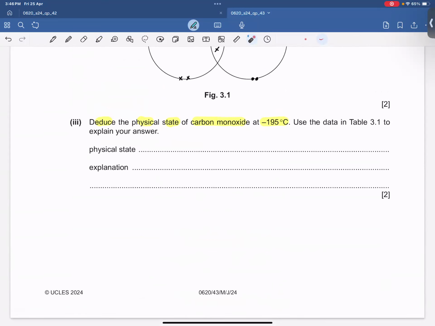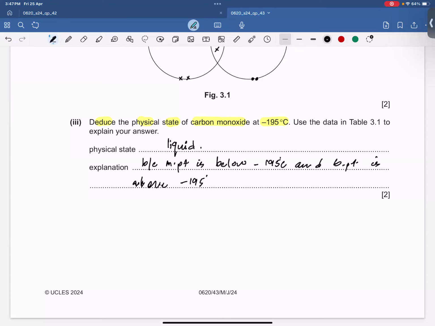So obviously it is liquid, because melting point is below minus 195 degrees Celsius and boiling point is above minus 195 degrees Celsius.